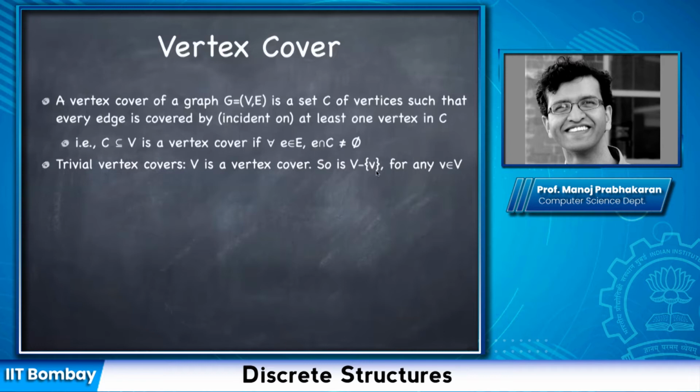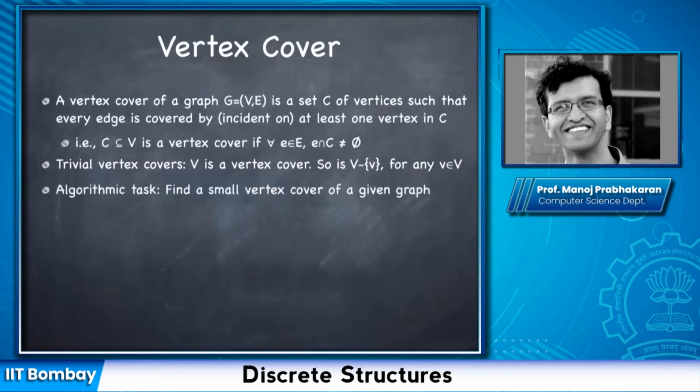That is still guaranteed to be a vertex cover because every edge has 2 vertices, so it will have at least one vertex which is not this v. These are trivial vertex covers. They're pretty big, almost as big as the entire vertex set.